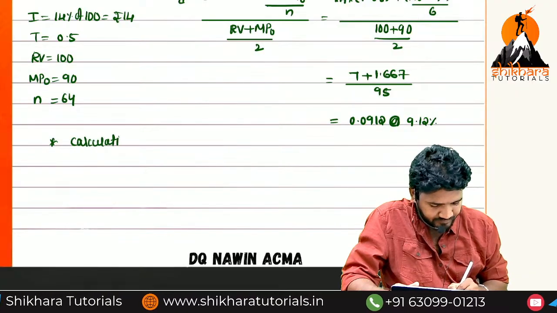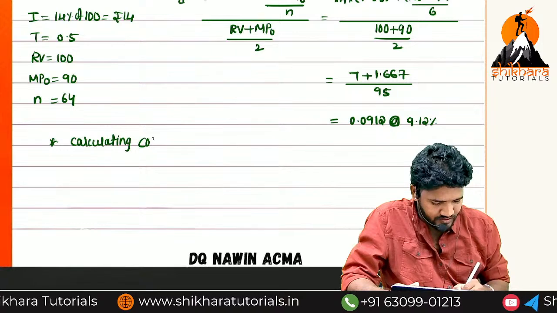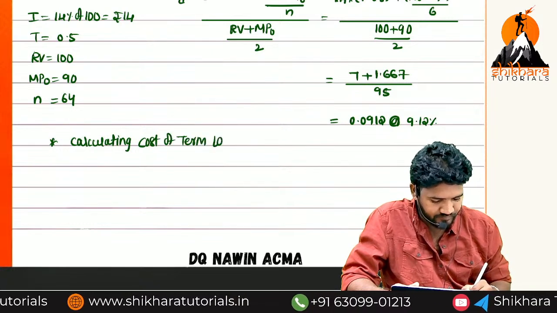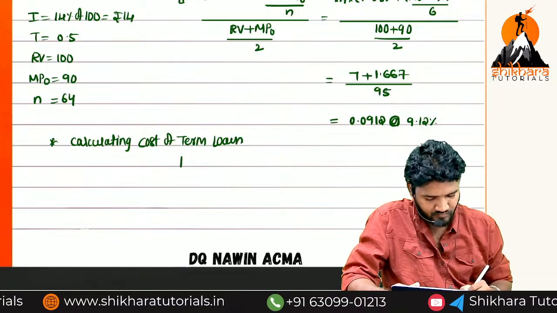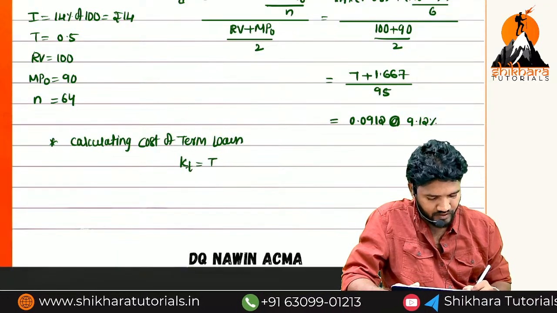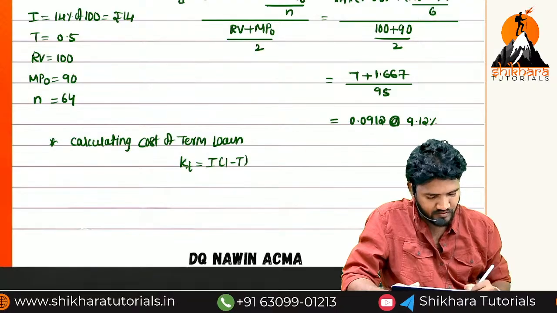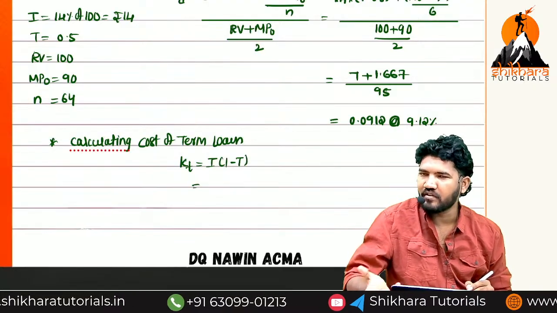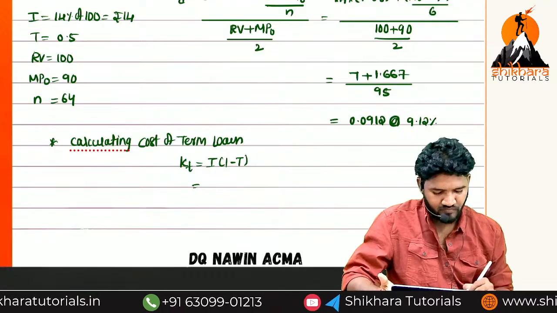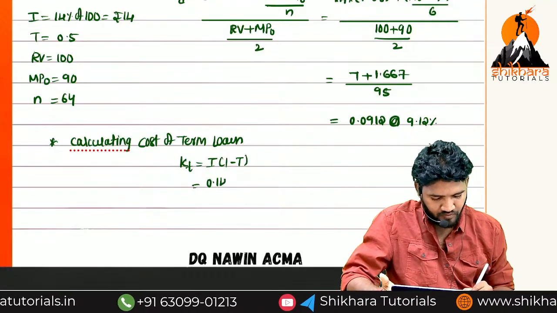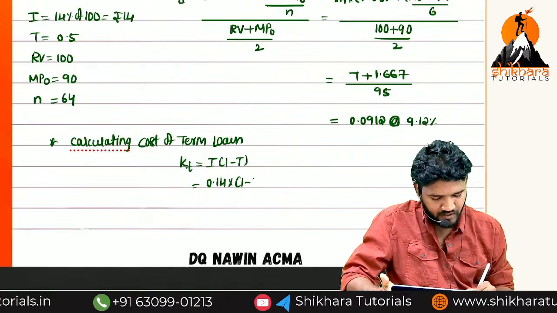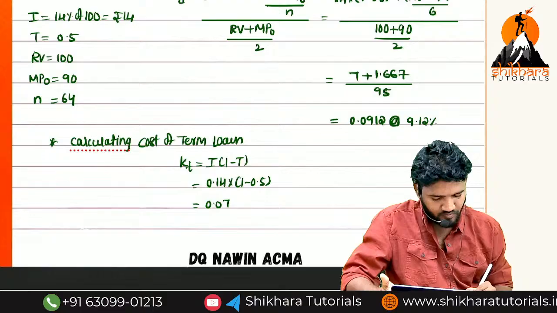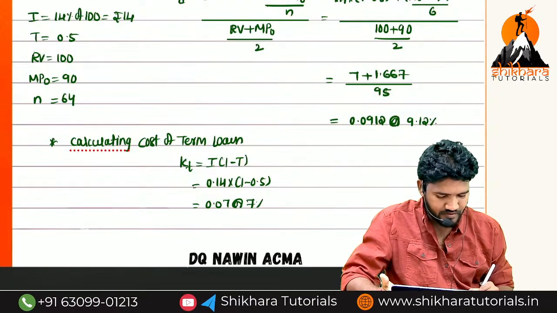Calculating cost of term loan. KT equals interest times 1 minus tax. So interest on face value only, na, 14. That is nothing but 14 rupees. 0.14 into 1 minus 0.5. 0.07 or 7%.